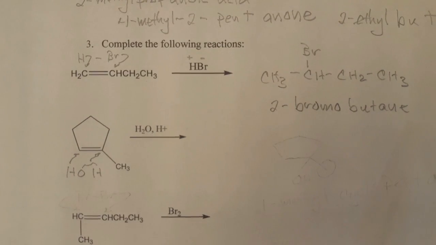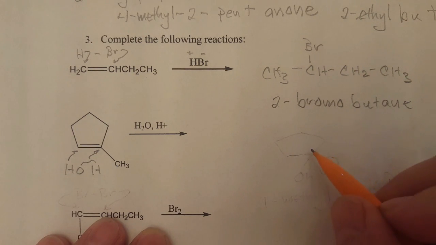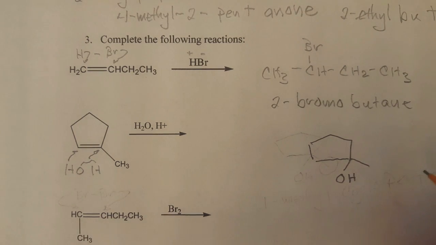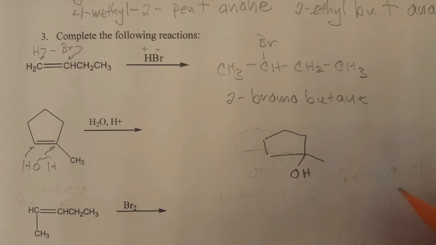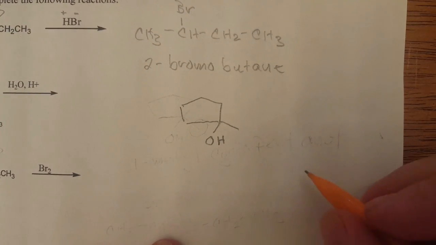Okay, so let's draw the product of this reaction. It's going to be a 5-membered ring. Here's our methyl group, and our OH is going to be here. Now, this is an alcohol because of the OH functionality, and as you remember, based on the cheat sheet, it's going to end in anol.